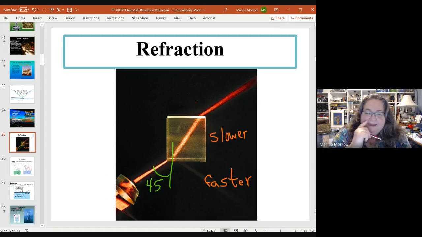And that would be the incident angle. And the refracted angle, you can see, is smaller. That looks more like it is maybe 30 degrees. So now we've learned something else. Where it's faster, it has a larger angle. And where it's slower, it has a smaller angle.